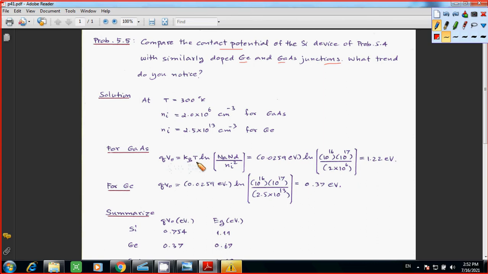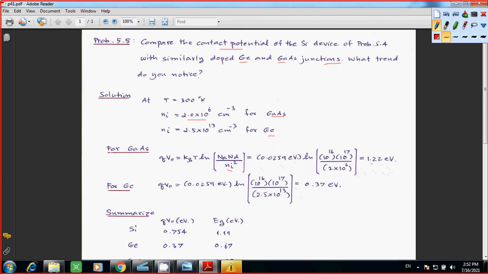That's kBT ln of Na Nd over ni squared. What is different for different types of semiconductor materials is Ni, the intrinsic electron concentration. From the book, for gallium arsenide Ni is equal to 2.0 times 10 to the 6th per cubic centimeter, and for germanium, it is 2.5 times 10 to the 13th per cubic centimeter.